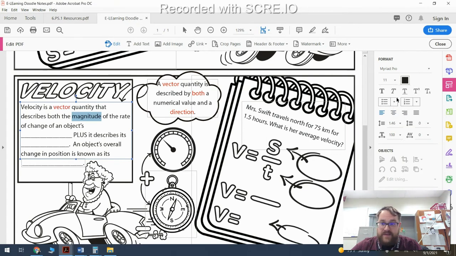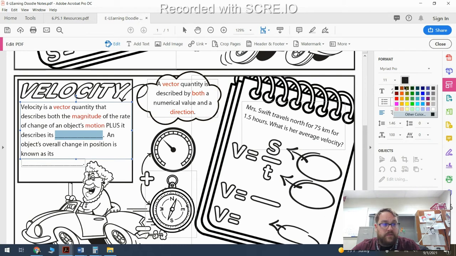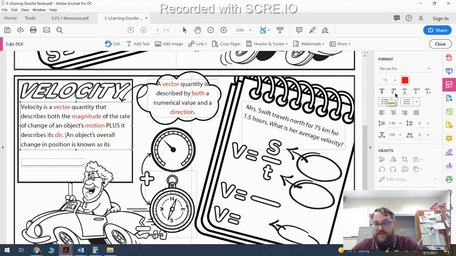It's going to measure the magnitude of the rate of change in an object's motion, which is its speed, plus it describes its direction. What direction it's going.